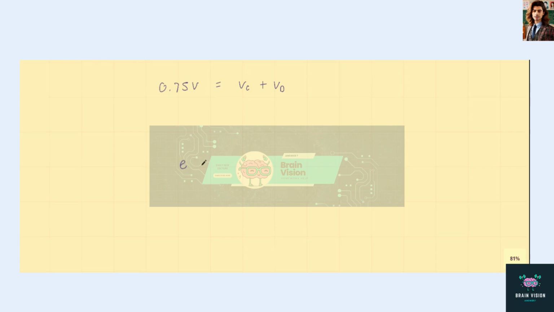And again, if we apply the coefficient of restitution, E, remember, is 0.5, and again this is vd minus vc over the initial velocity 0.75 v.